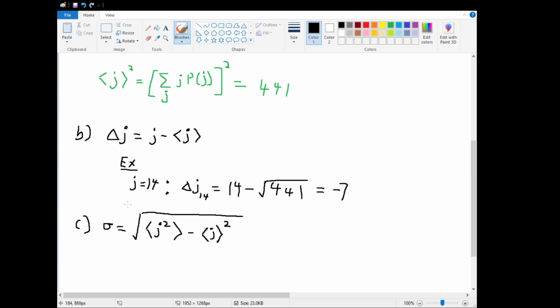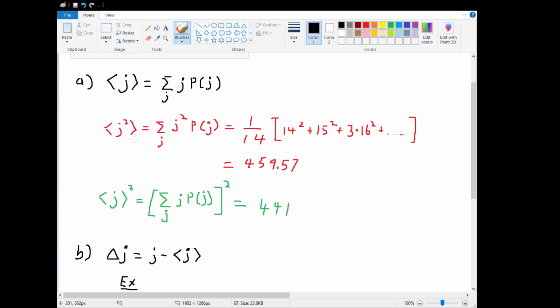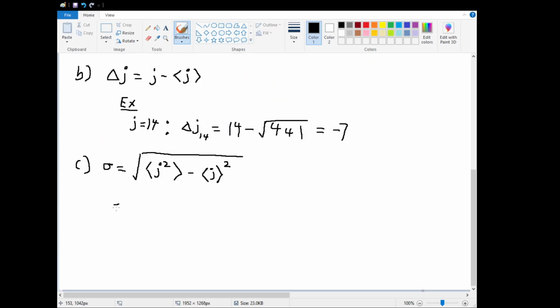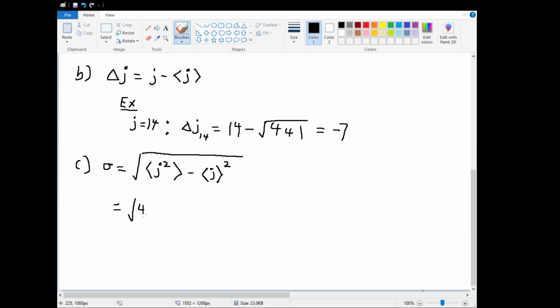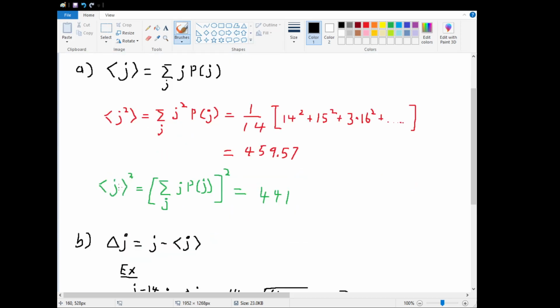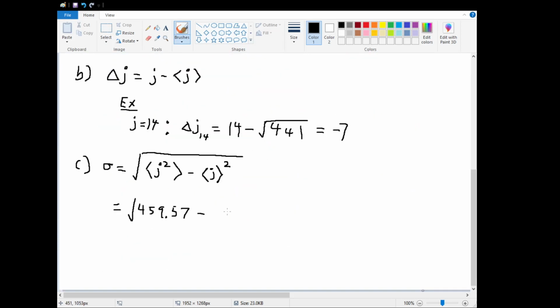And we already have the answer here because we already have these two terms. This is just equal to the square root of j squared averaged, which is 459.57, subtracted by the average of j and then squared, which is 441. Plug this into a calculator and we get 4.3.